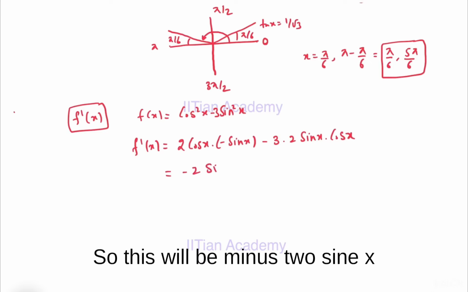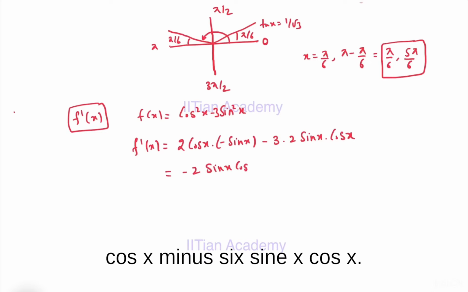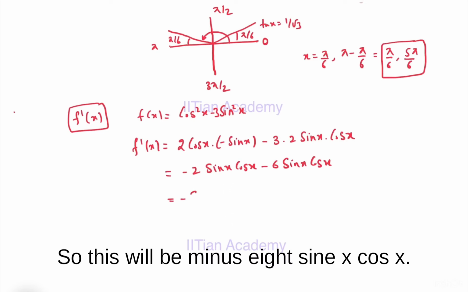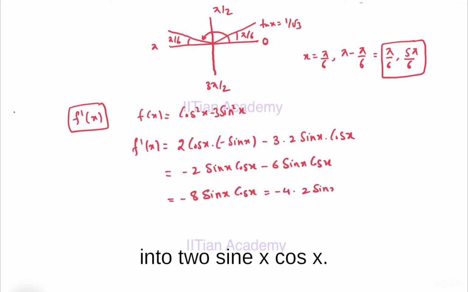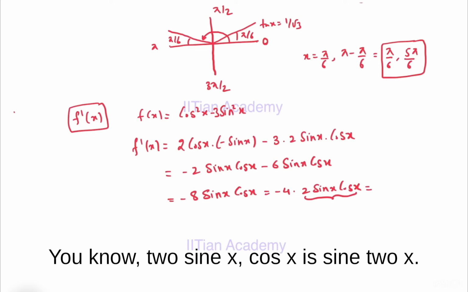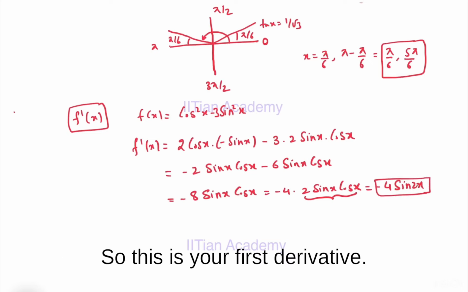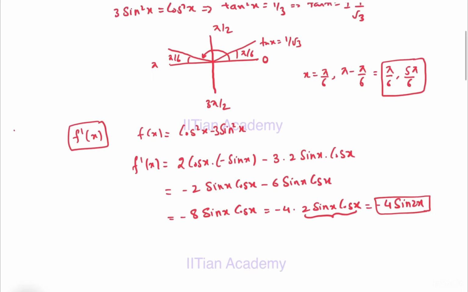So this will be minus 2 sin x cos x minus 6 sin x cos x. So this will be minus 8 sin x cos x. This can be written as minus 4 into 2 sin x cos x. You know 2 sin x cos x is sin 2x. So this is your first derivative.